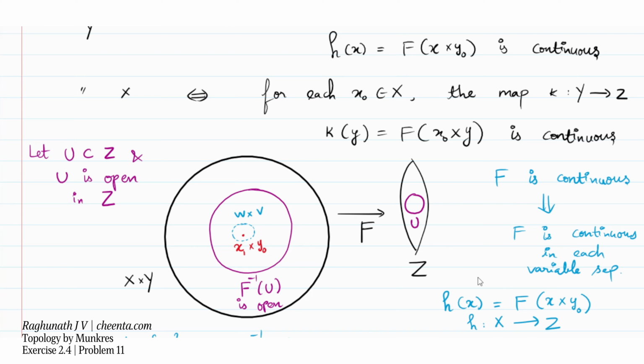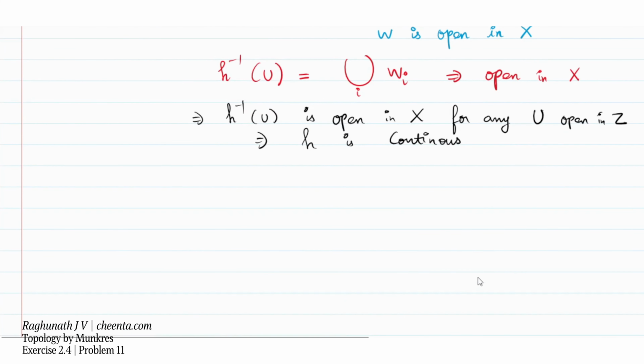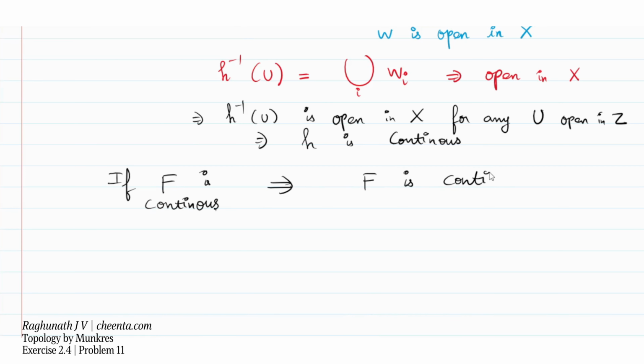So hence we get that if capital F is continuous, then capital F is continuous in each variable separately.